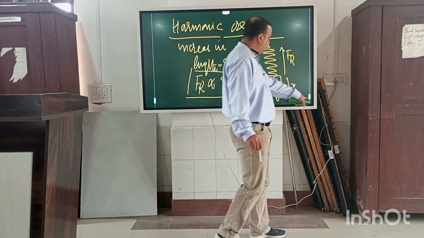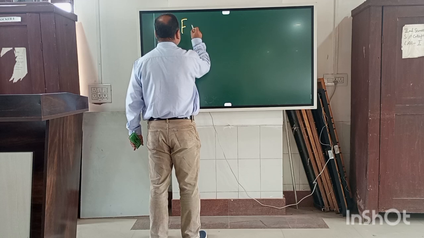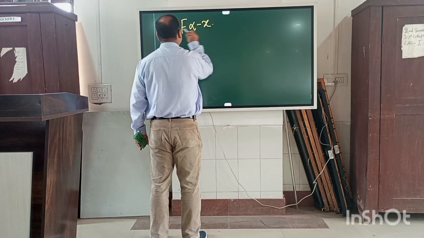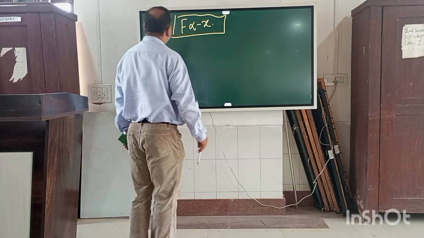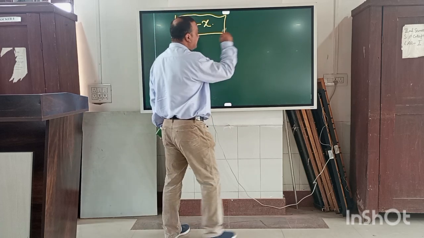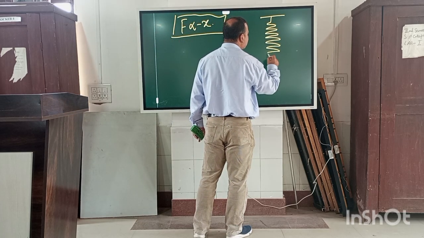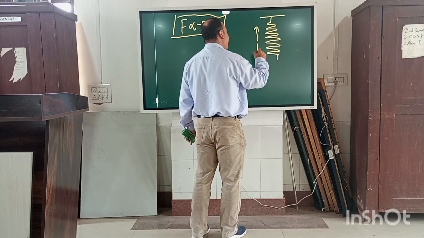So this F, the restoring force, is proportional to the negative of the displacement. Now, we can calculate the natural frequency with which this spring is going to oscillate, say up and down.